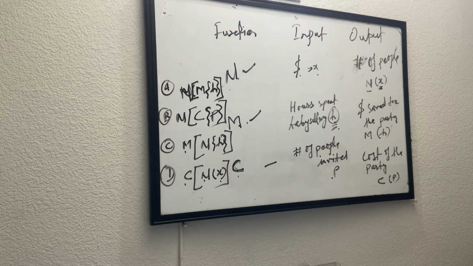Because that's the output, and that's also the output. It's basically the same as n of x, so it makes sense. People who turn up relate to the people who say we need to go. It's very hard. Yeah, I could do that.